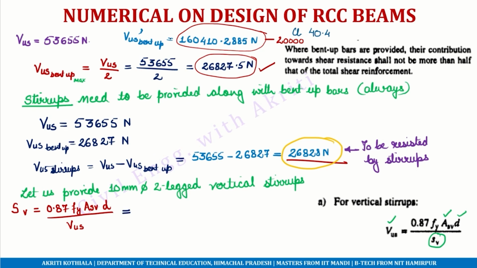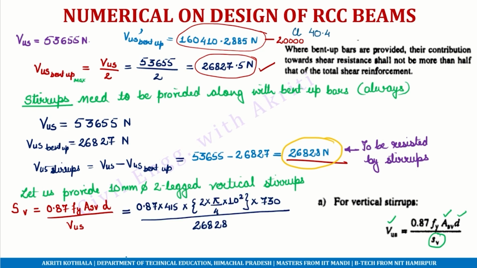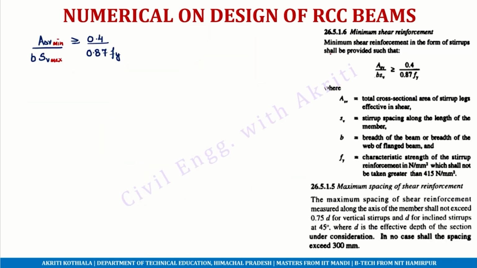So substituting the values, we obtain the spacing equal to 1543 millimeters. So the spacing required for 10 mm diameter two-legged vertical stirrups is 1543 mm. However, as per clause 26.5.1, there is a minimum shear reinforcement which we have to provide using this formula: ASV upon B SV should be greater than or equal to 0.4 upon 0.87 Fy.